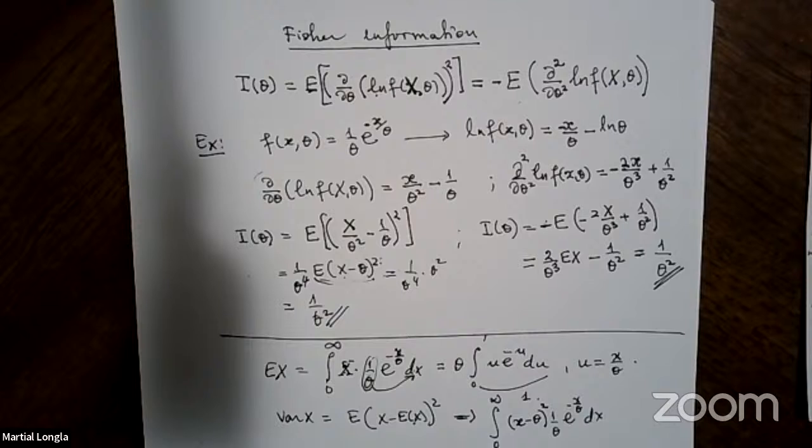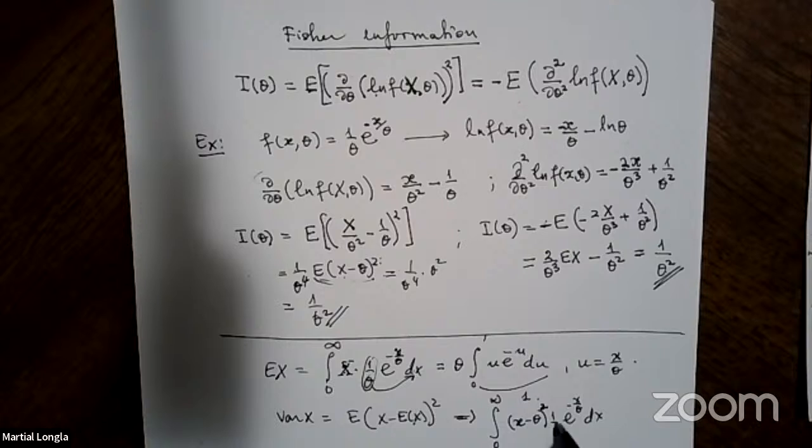We played that same game: send the theta inside, do u substitution, and then compute the integral afterwards. But the difference now is that when you play that game here, x is squared. So what is coming out is going to be theta squared. Does that make sense?